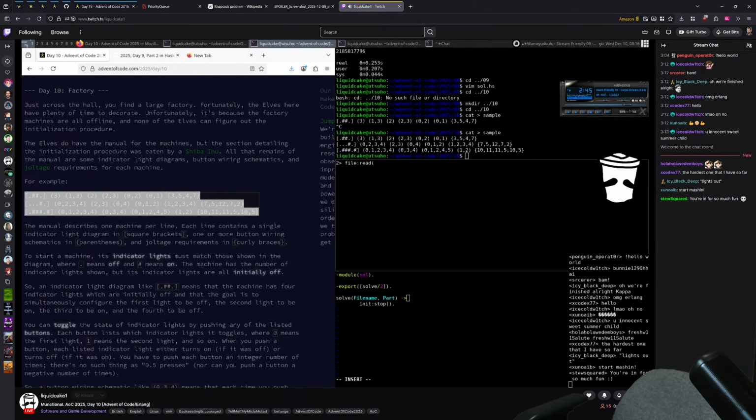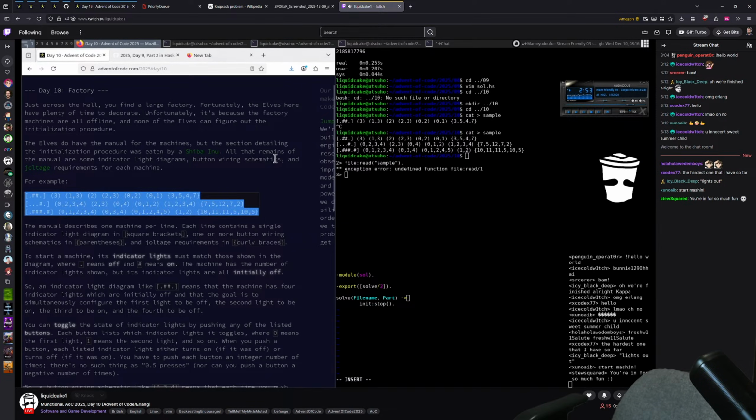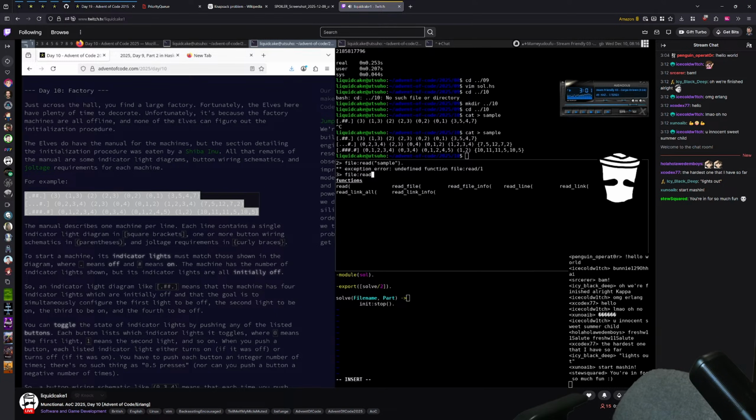So we file read sample. And what happens? Undefined function file read. That's interesting because it totally does exist. IO device number. That doesn't look right. File read file.